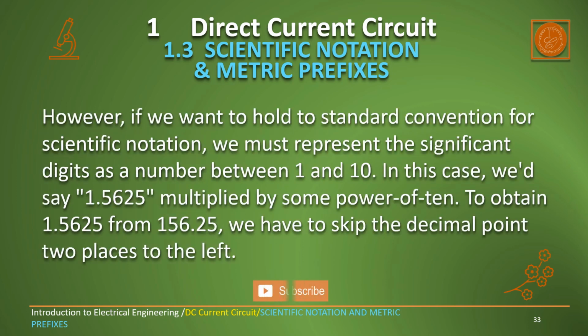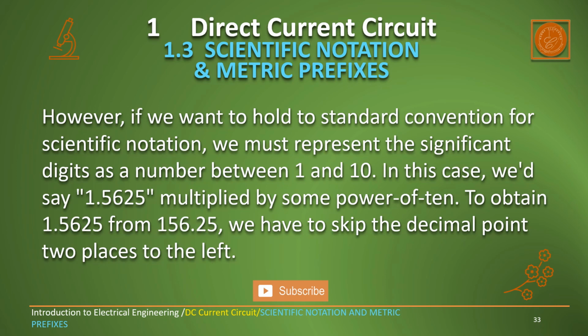However, if we want to hold to standard convention for scientific notation, we must represent the significant digits as a number between 1 and 10. In this case, we would say 1.5625 multiplied by some power of 10.